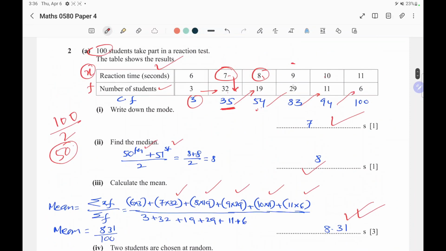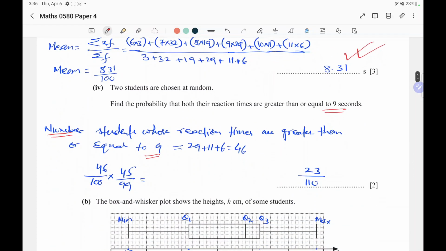Here you can check for 9, the number of people whose reaction time is 9 is 29, or greater than 9, that is 10. For that we have 11, and for 11 we have 6. So 29, 11, and 6 we have to add. So here I got 29 plus 11 plus 6, that's 46.